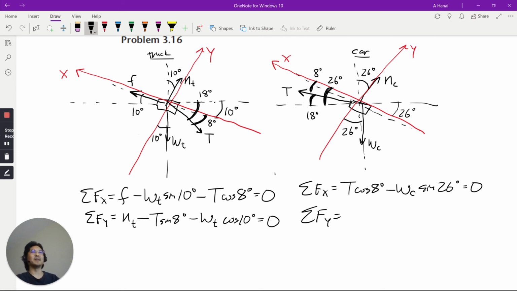Okay, and then the y component of T is negative and is opposite this angle. The y component of this is the whole thing, positive. The y component of this is negative and is adjacent to this angle, cosine. 0, right? Okay, and then what I like to do is literally either underline or circle the unknowns.